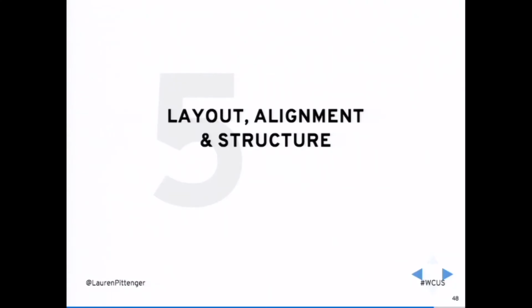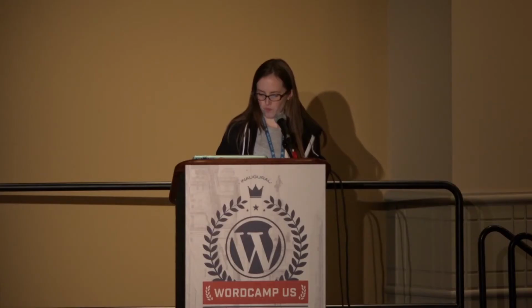And lastly, we need to know about layout, alignment, and structure. These three things are really the backbone to where we place our content and the elements within our design. And if we don't get that right, it might end up looking messy.